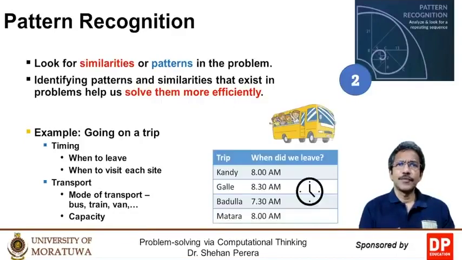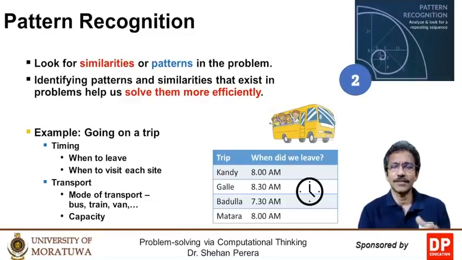For example, if you want to decide on the time to leave for this trip, we could look at the times that we left for our other trips. If we have gone for other trips like Kandy or Matara or some of the other cities in Sri Lanka, what time did we leave?